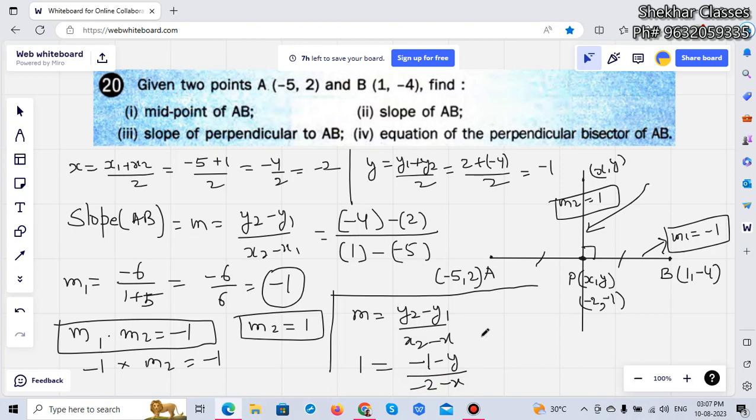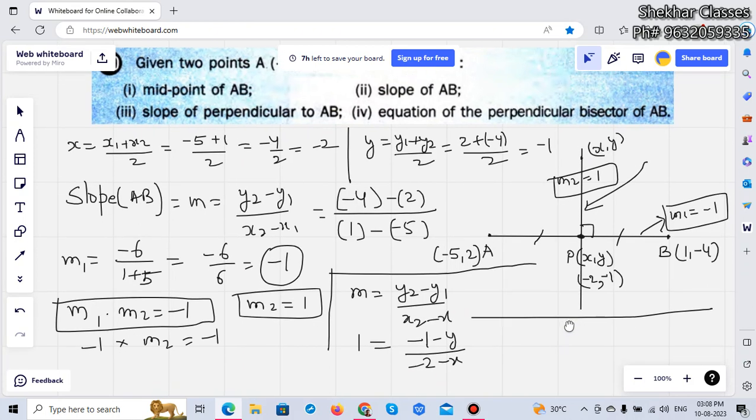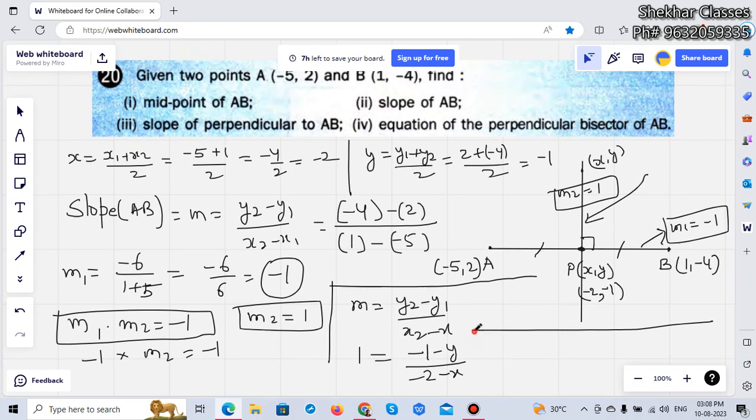You can take the minus 1 common in both of these. So if you take it common, then it will be 1 is equal to minus 1 common, so 1 plus y, and here minus 1 common, 2 plus x. So this will get cancelled. So what do we get the equation as?